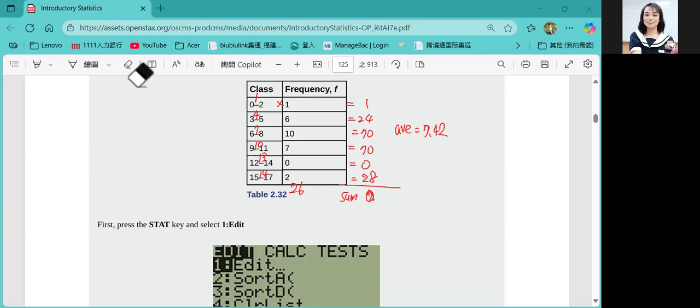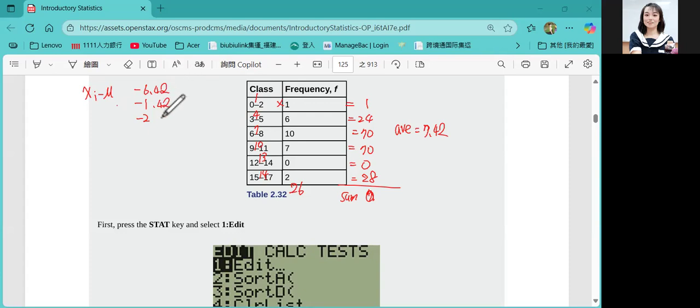And now we need to find x_i minus mu, okay? So it would be negative 6.42 and negative 1.42, and negative 2. 6 minus 7.42 is negative 1.42, yes.